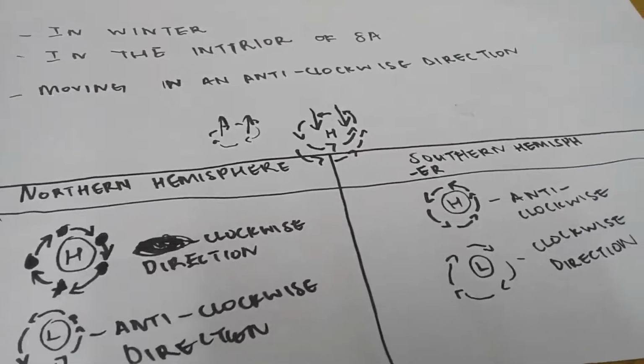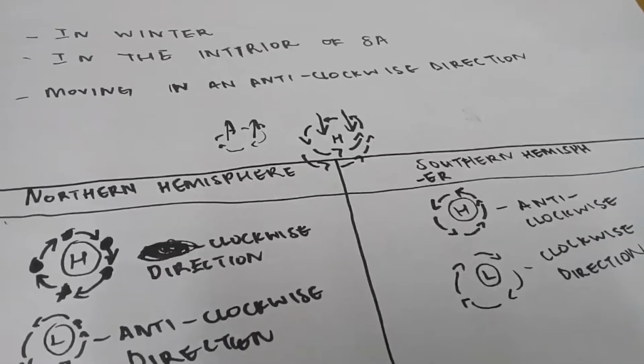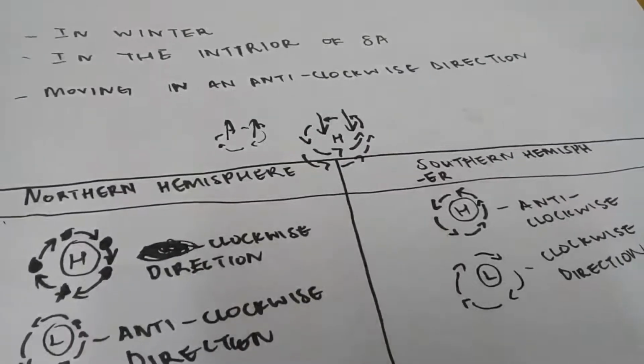So to summarize, in the northern hemisphere, a high pressure system or a high pressure cell, which is caused by diverging winds, will move in a clockwise direction.